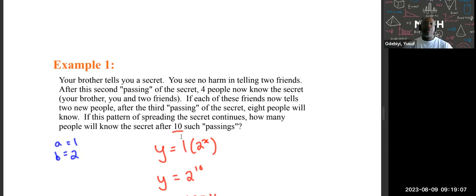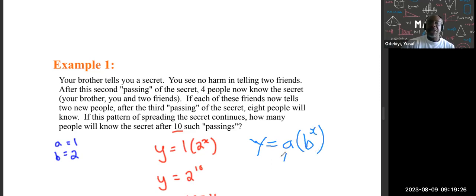So when you are writing this out, so remember the formula? It's always A, and then you got B to the power of X, right?